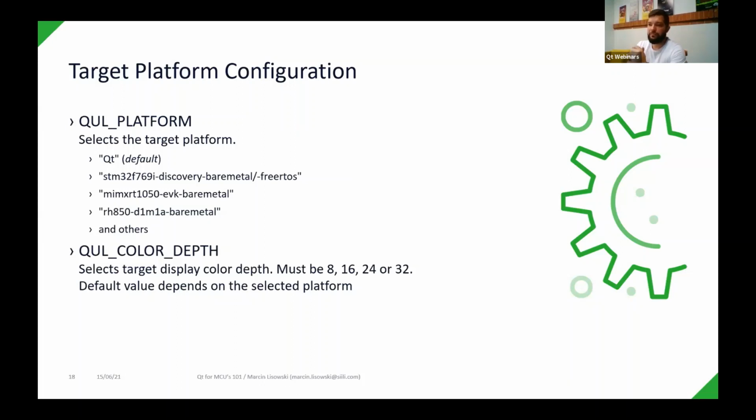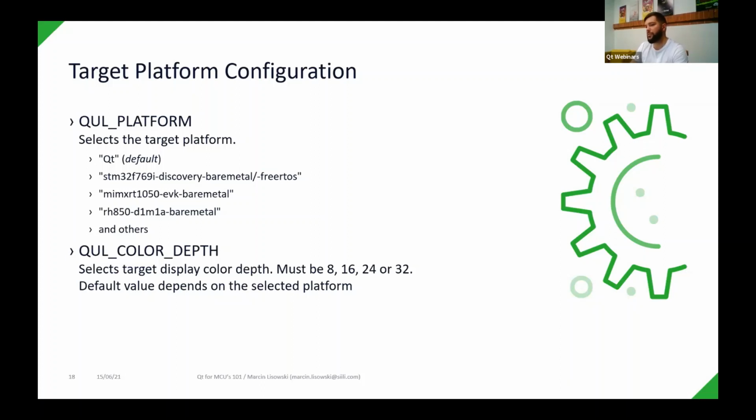QT_COLOR_DEPTH is used to define the display color and the frame buffer format. So this should be one of the 8, 16, 24, or 32 values, as this defines the bits per pixel for our frame buffer, and by just lowering the value, you will allocate less memory for the frame buffer, but you will also decrease the quality of it.